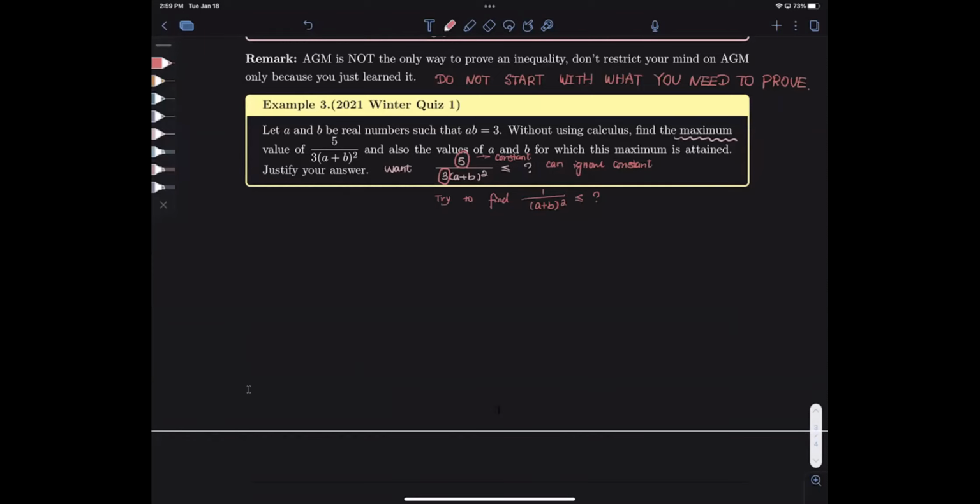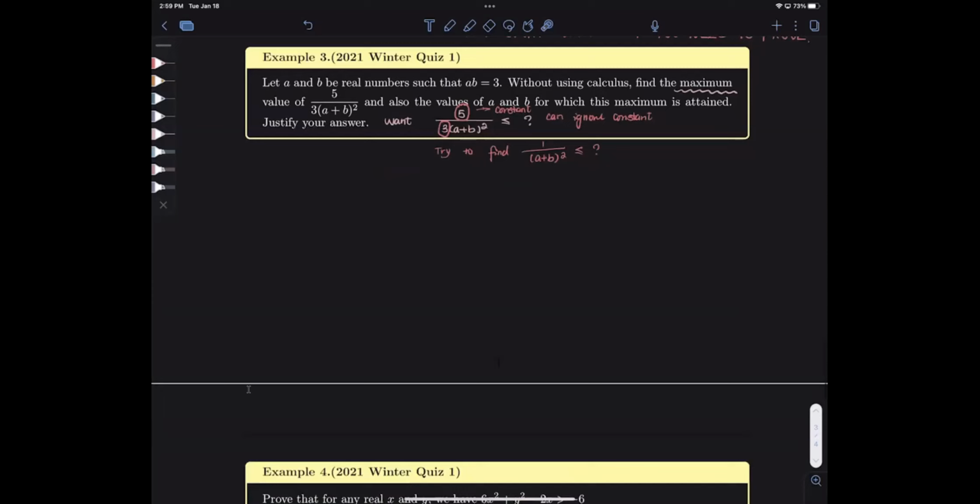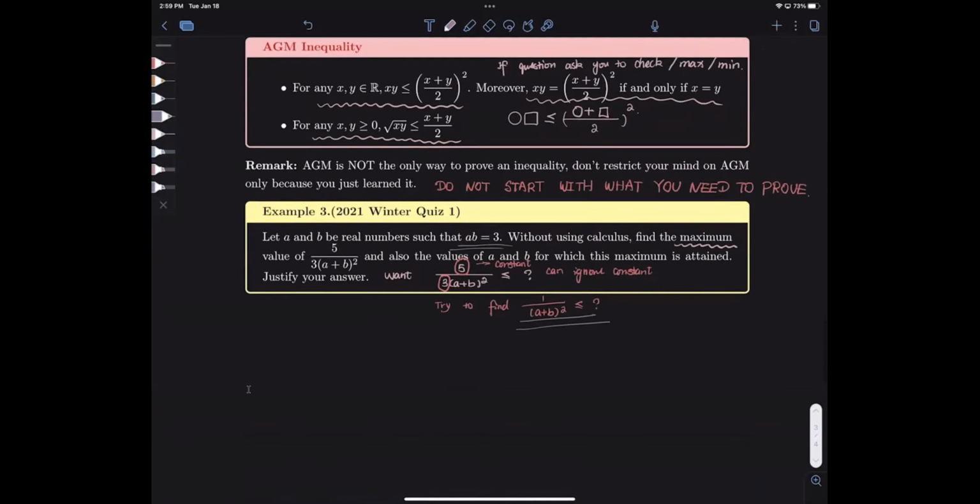Okay, cool. So now I look at what's given to me. This reminds me of AM-GM. I don't know if this reminds you of AM-GM, but this reminds me of AM-GM. I have something multiplied by another thing, so I have a product, and I have a summation as well, summation squared.